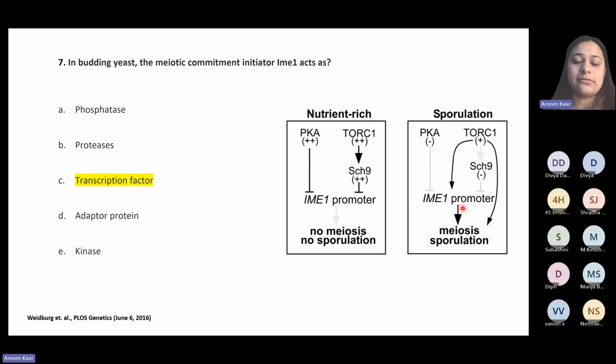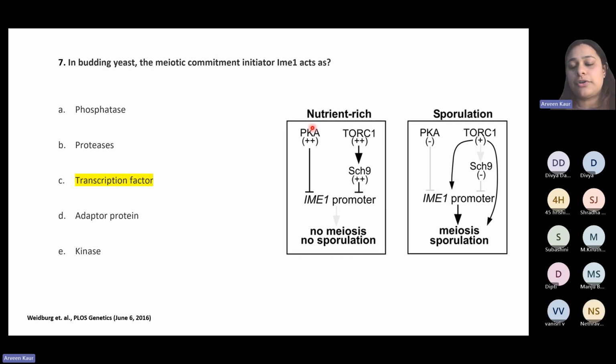And it will transcribe the necessary genes, which will lead to the translation of the necessary proteins that are responsible for the commitment or the onset of meiosis, and thus also onset of sporulation, right? So this is how IME1 acts as a transcription factor for meiotic commitment, right?